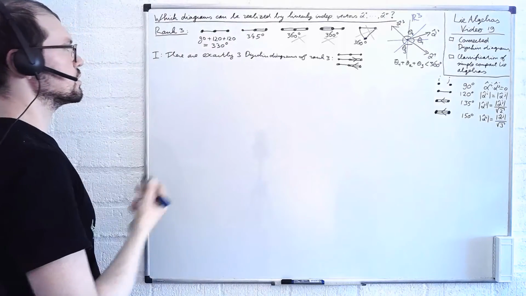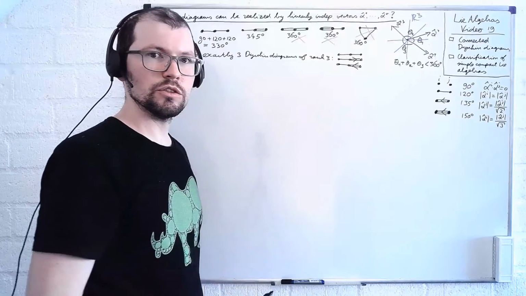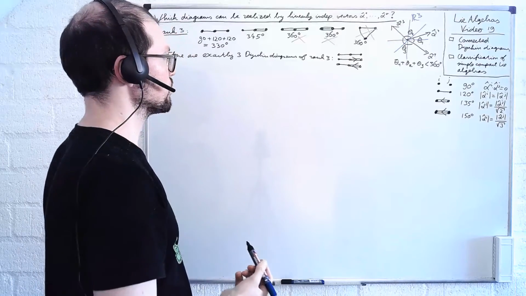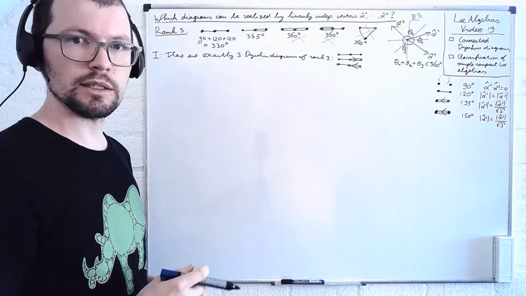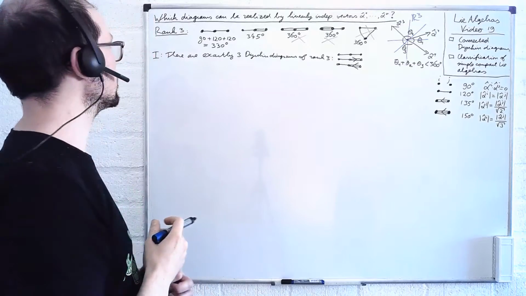And all other graphs on 3 nodes are not Dynkin diagrams, or they're not connected, so they do not correspond to compact, simple Lie algebras.